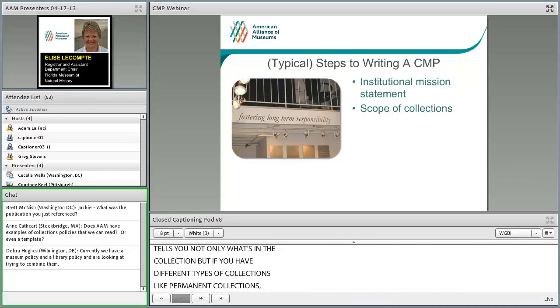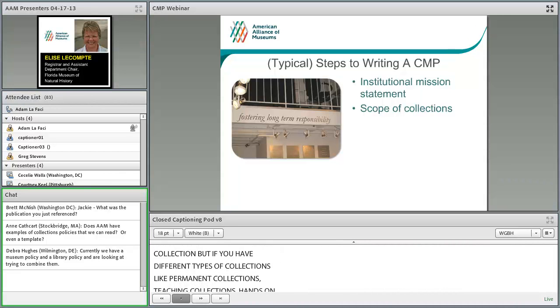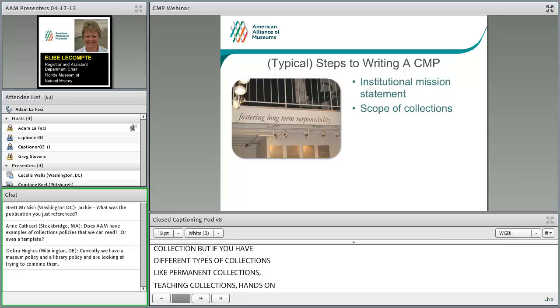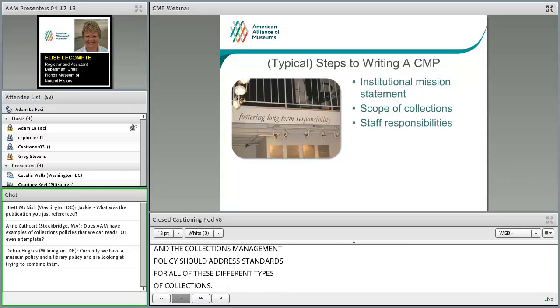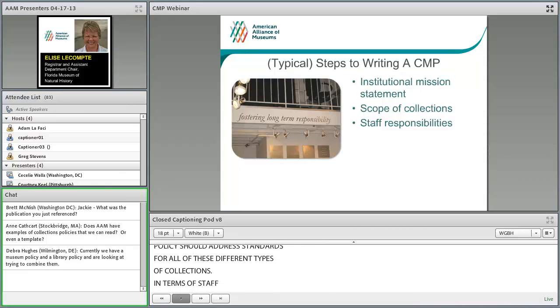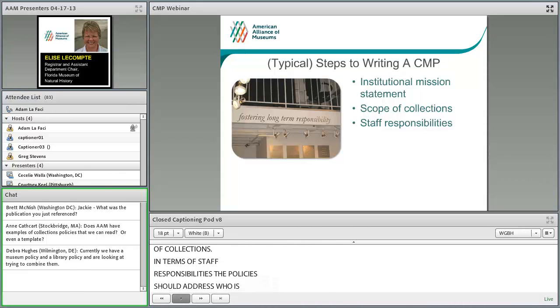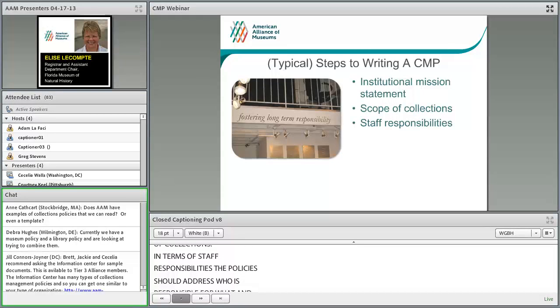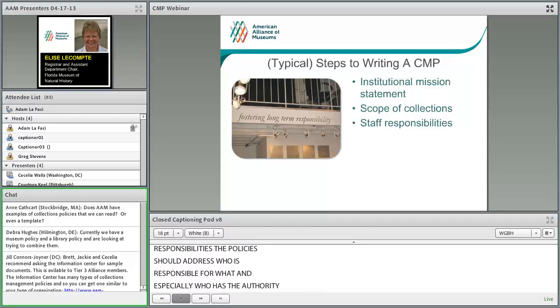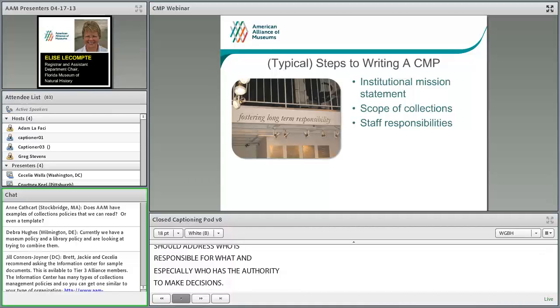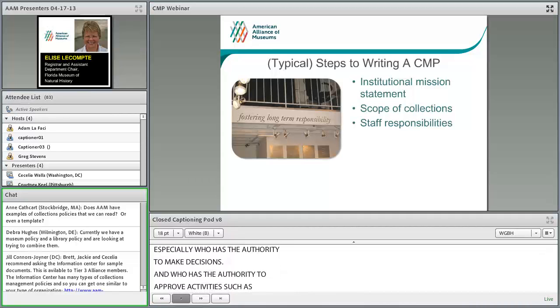And the collections management policy should address standards for all of these different types of collections. In terms of staff responsibilities, the policy should address who is responsible for what, and especially who has the authority to make decisions and who has the authority to approve activities such as approving the policy itself or approving deaccessions, approving acquisitions, and so on.